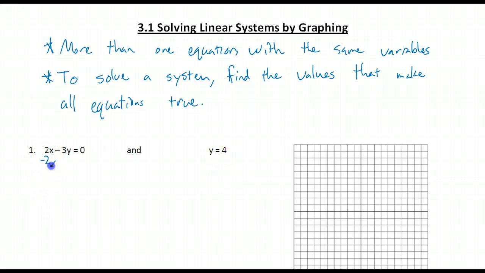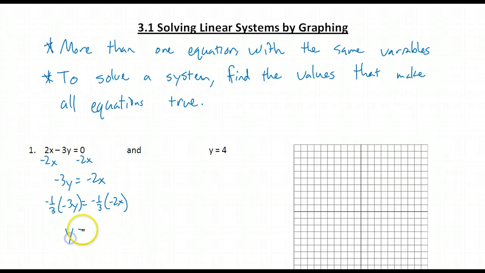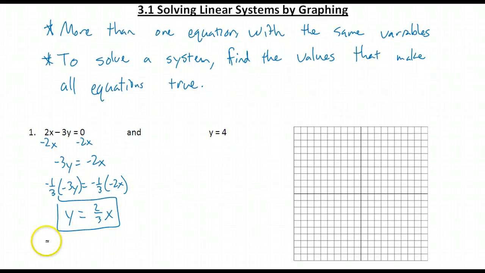To graph this first equation, I'm going to solve for y, so my equation is in slope-intercept form. So the slope of my first line is 2/3, and my y-intercept is 0. So I'm going to graph this line.